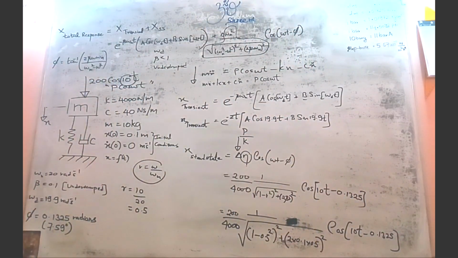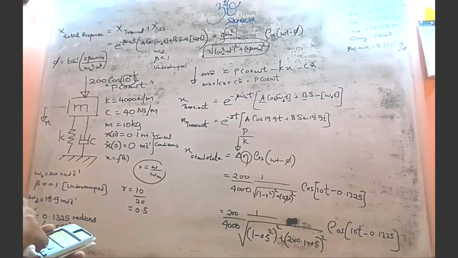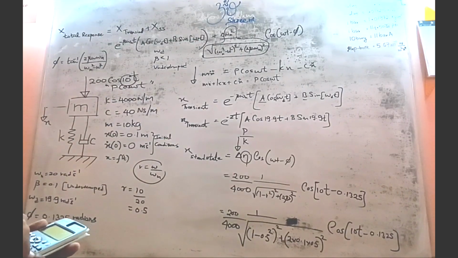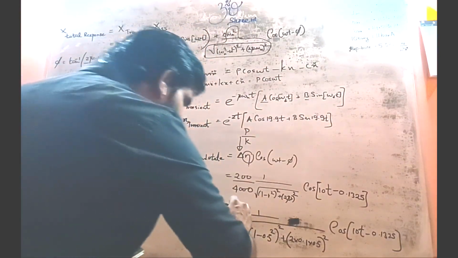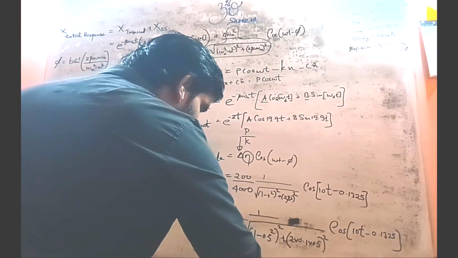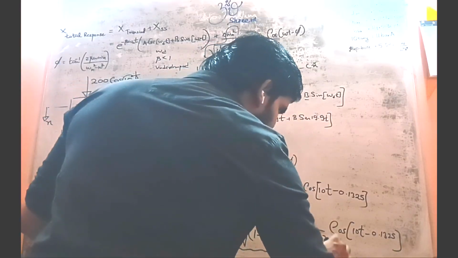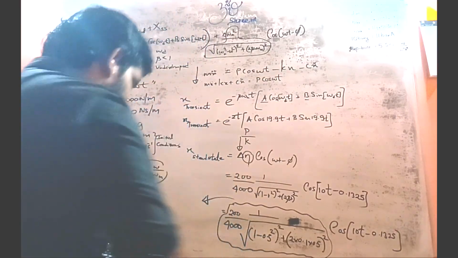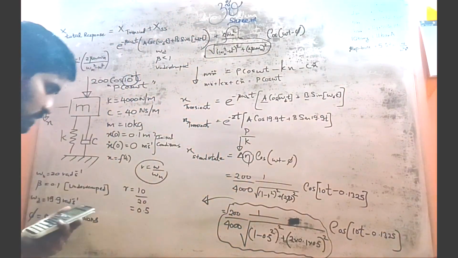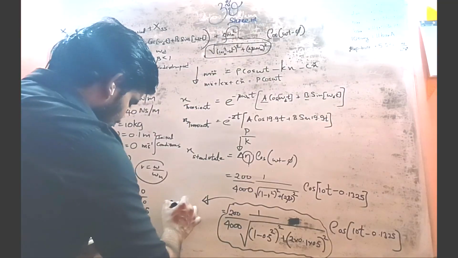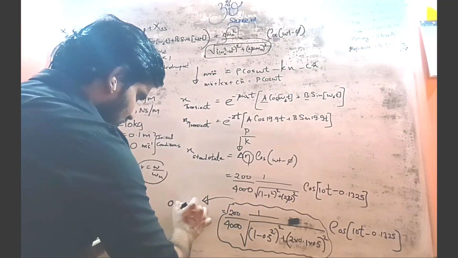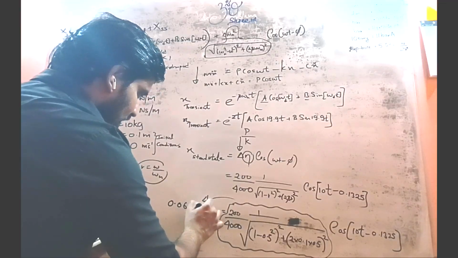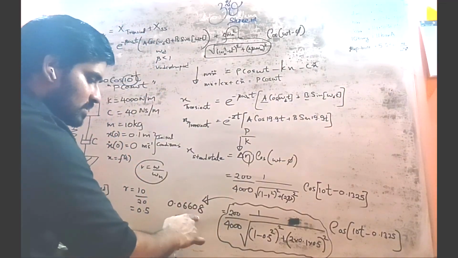If you carefully do the simplifications, let's do the simplification for that. After simplification, I am obtaining the value for this part as 0.06608.